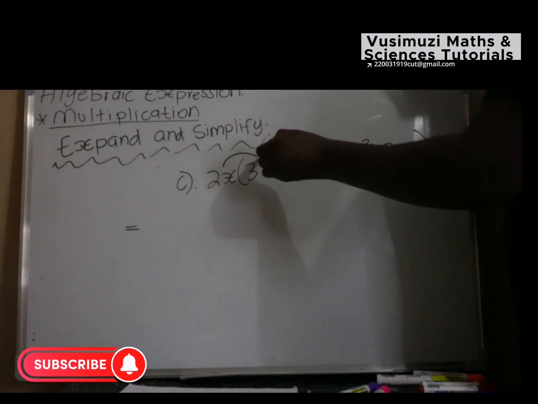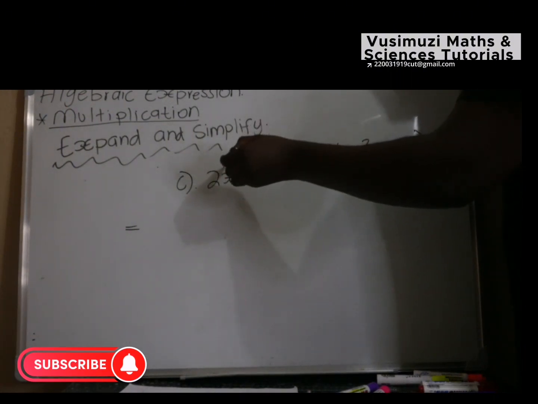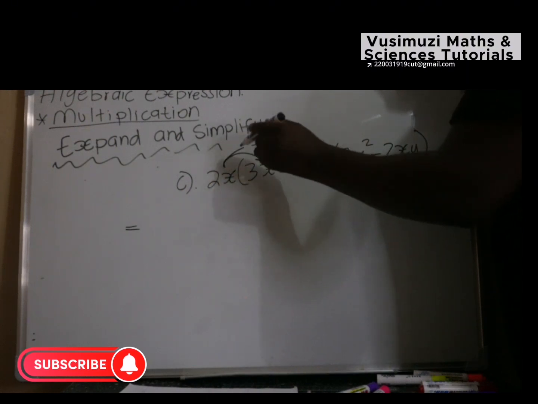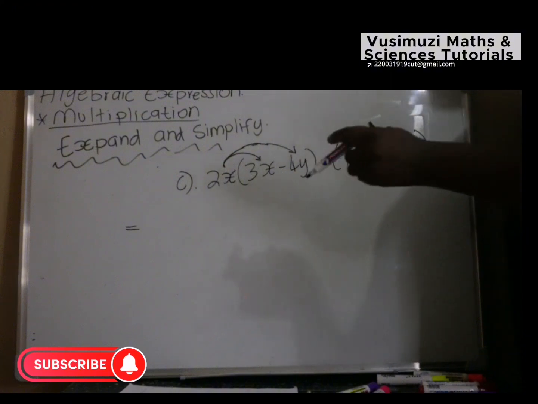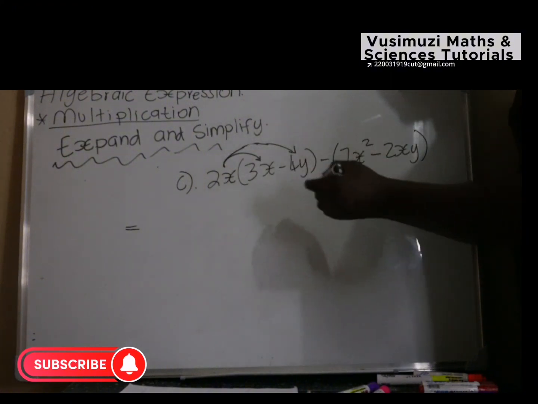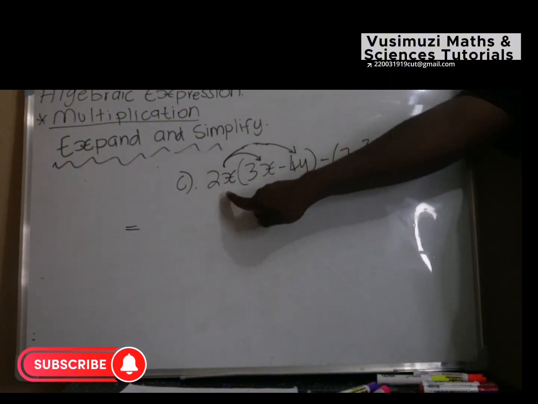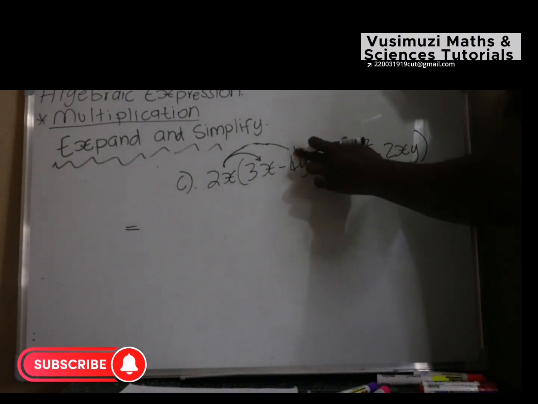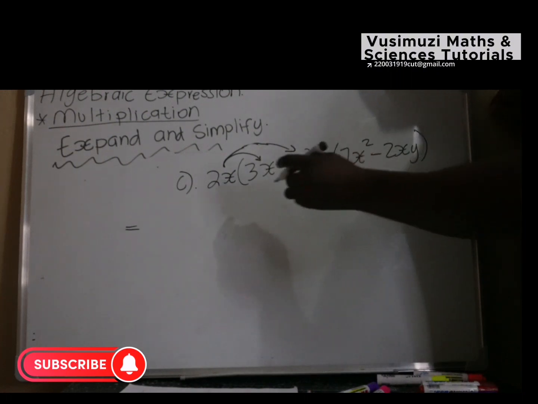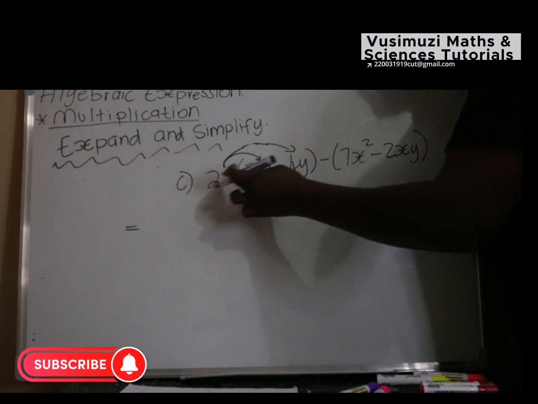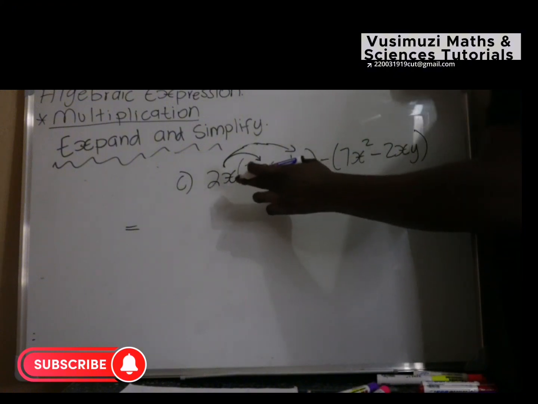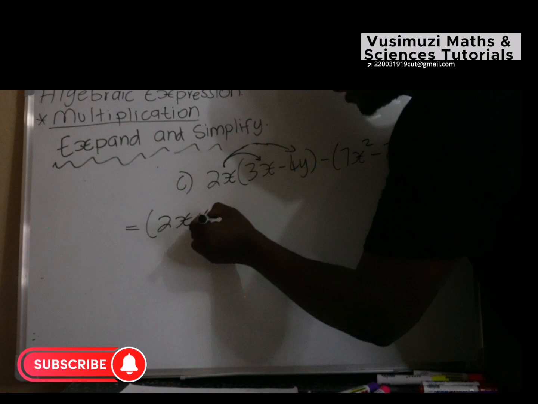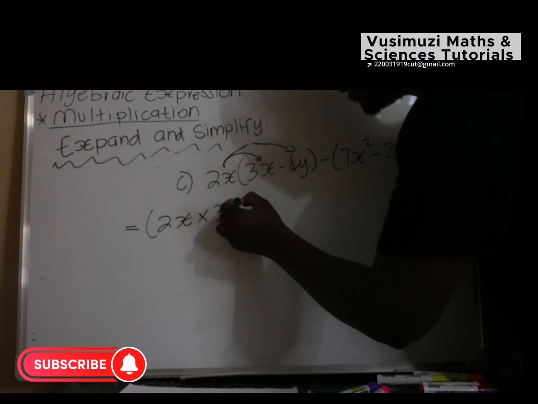So we're going to have 2x times 3x, and 2x again times negative 4y. That's how we do it. Look at the signs: positive times positive is positive, so it's 2x multiplied by 3x.